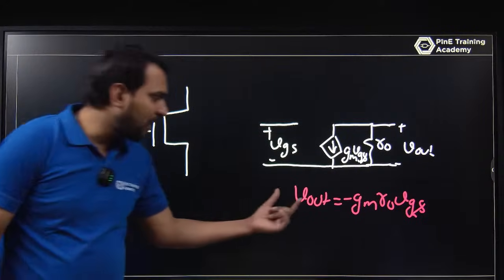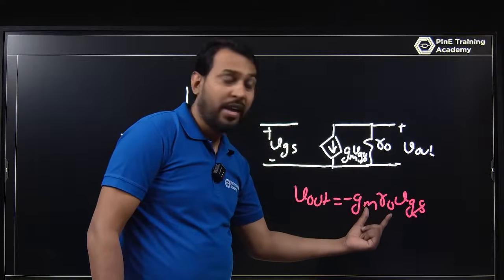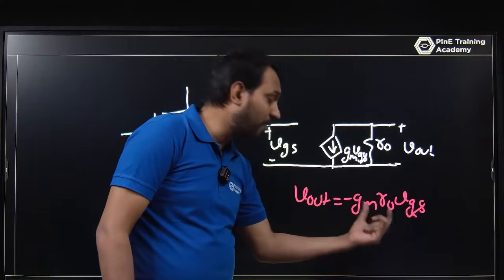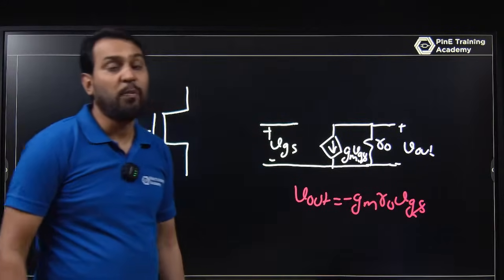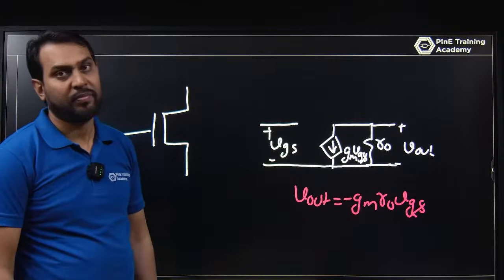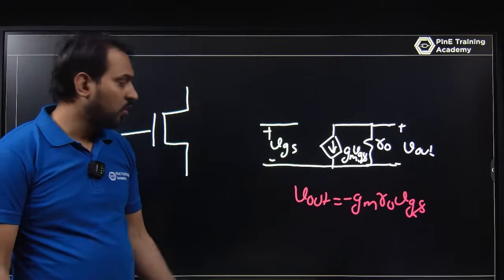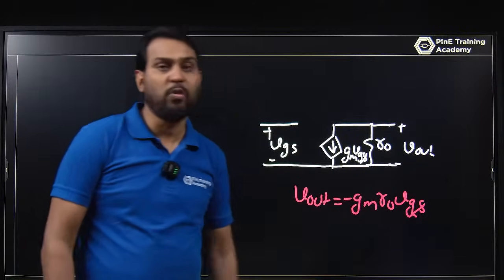So you can analyze it. The output voltage will be a factor of GM R0. If GM R0 is greater than 1, then the output will be an amplification of the input voltage. If GM R0 is 10, Vout will be 10 times the input voltage.